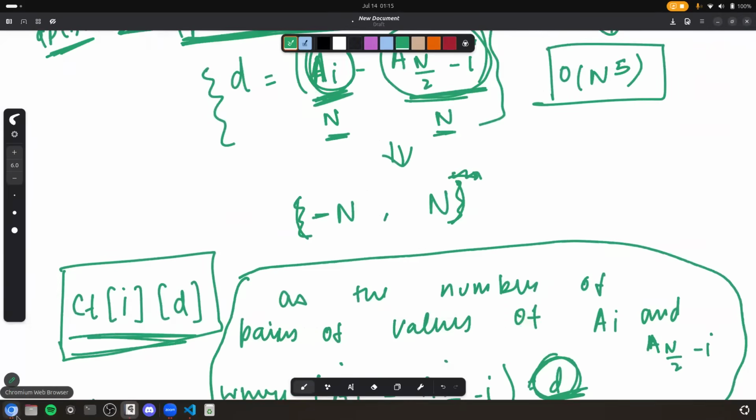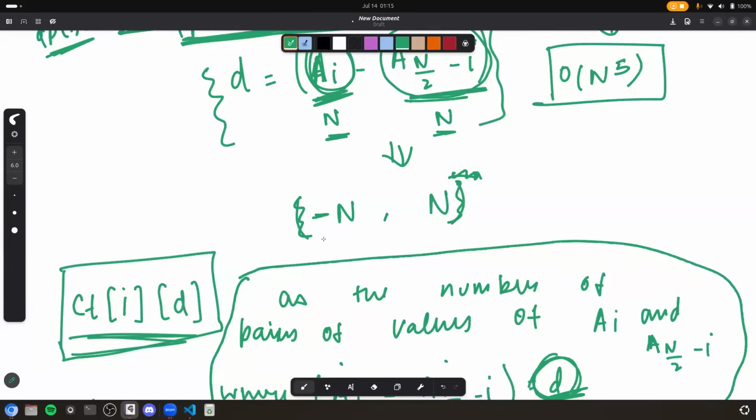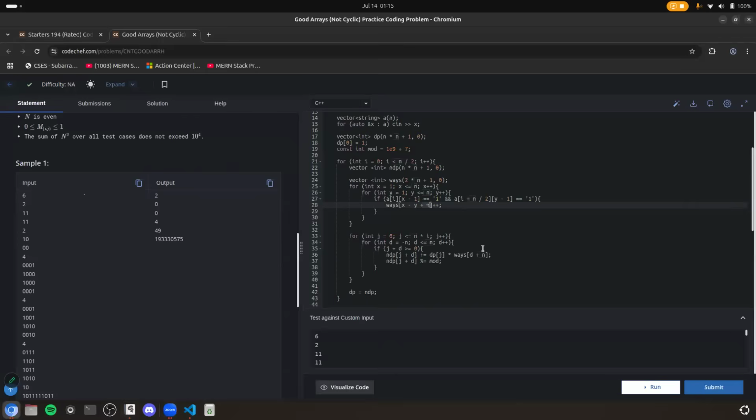If a_i can take the value x and a_(i+n/2) can take the value y, then I just do ways of x minus y. This plus n is just an offset. Basically, since I don't want values from minus n to n, I'll just make them 0 to 2n. It's just an offset type of thing. So I'll just plus ways.